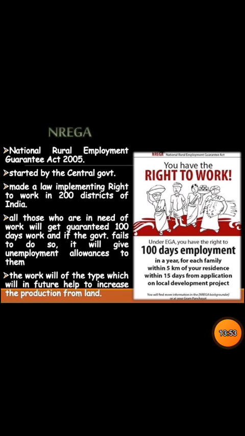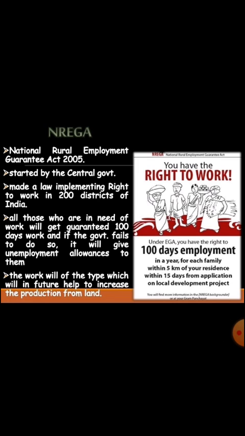One of the most talked of schemes of the government is NREGA, the full form of which is National Rural Employment Guarantee Act of 2005. It was started by the central government, made a law implementing the right to work in 200 districts of India.